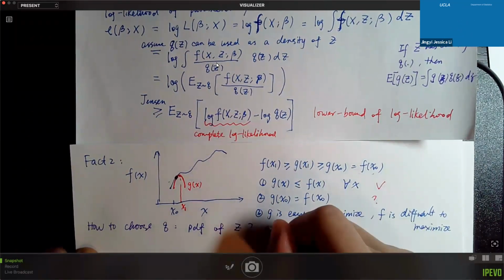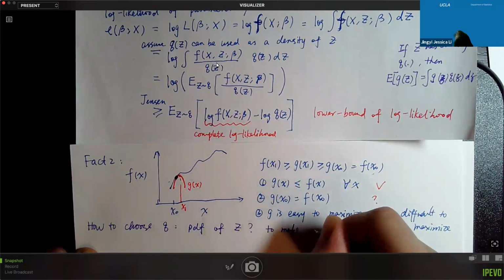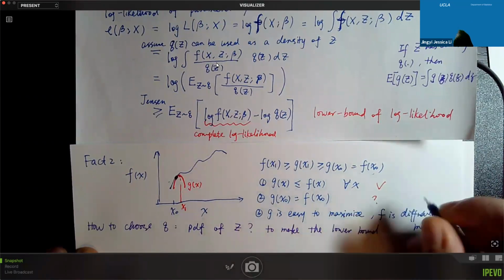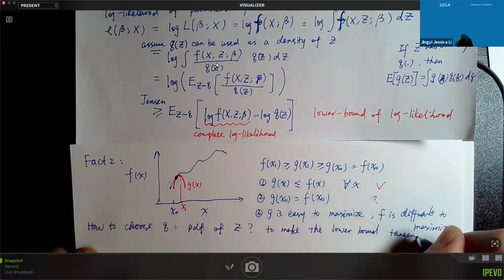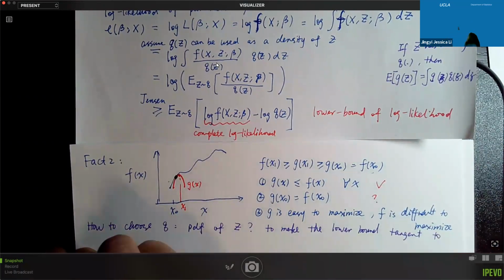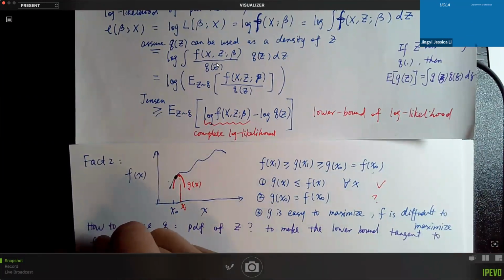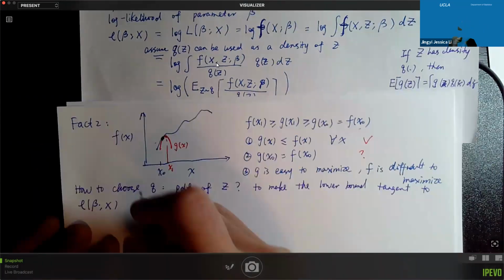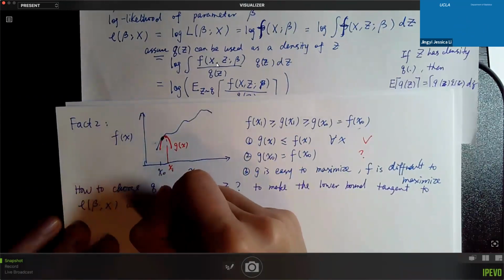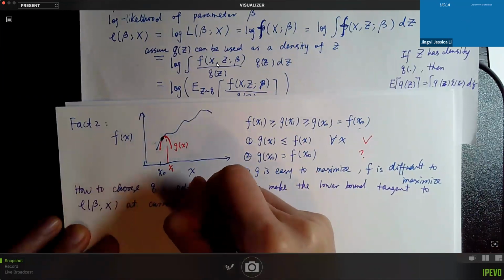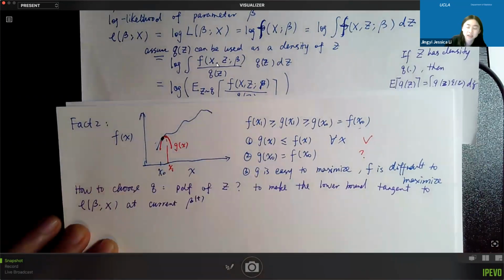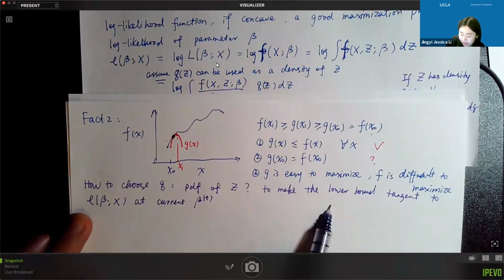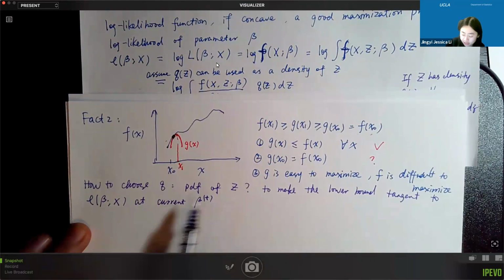Okay, to make the lower bound tangent to L(beta; x), our target log likelihood function, at the current value of beta_t. Let's say we are in the t-th iteration already, and we want to find a lower bound at this value so that the lower bound is tangent to this.